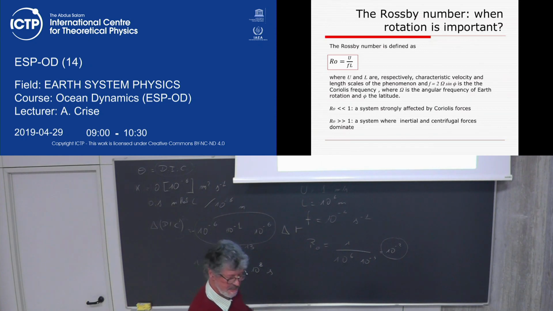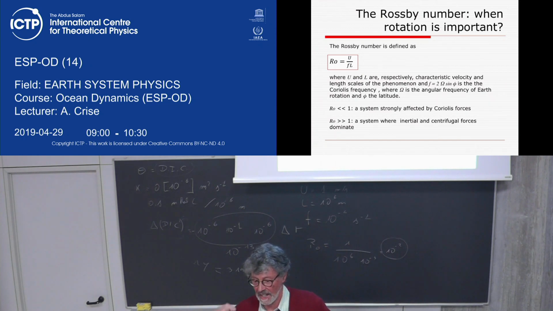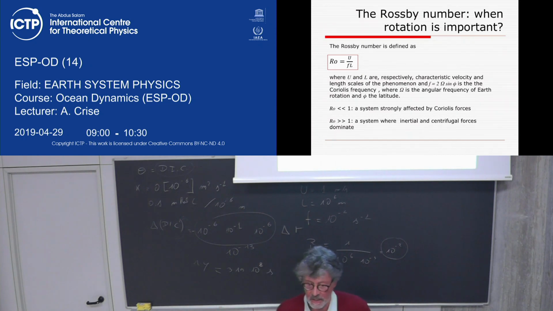In the previous case, when you have a circle that rotates at a certain velocity and the dimension is quite smaller, it is the local rotation that matters, not the Earth rotation.